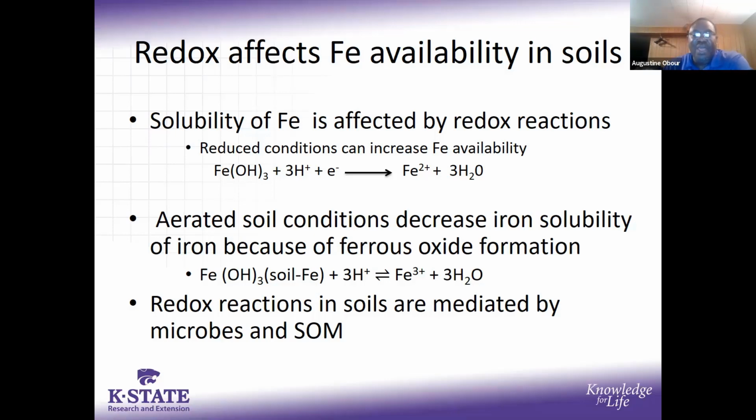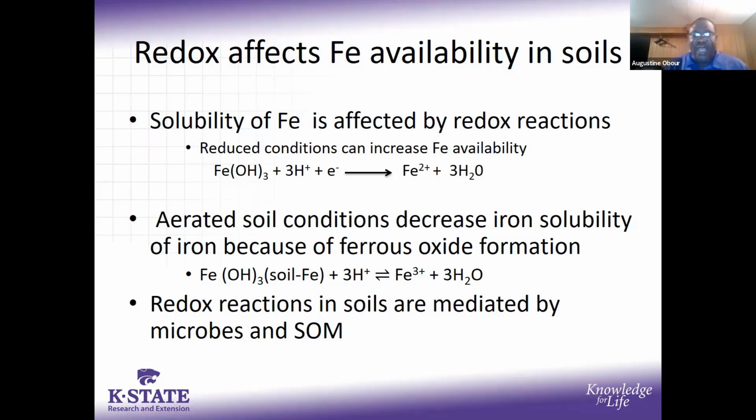However, under well-drained conditions, we tend to have iron 2 being oxidized to iron 3. You get the oxidized form of iron, and this oxidized form is highly insoluble compared to the reduced form of iron, and that reduces iron availability for plants.